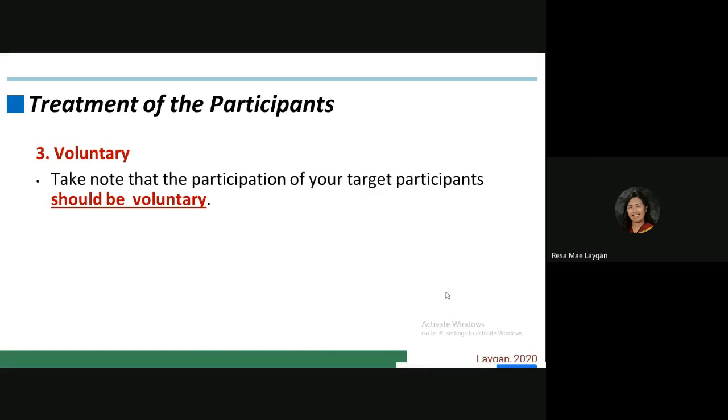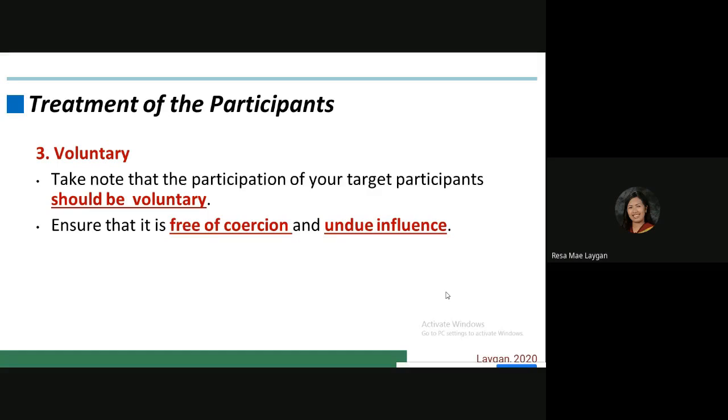It must be free from coercion, like you really must not force your participants, and undue influence, or you should not influence your participants. So for example, you know someone and you want them to be a participant in your study, you approach them, but they say they don't want to. Okay? So, what will you do? Don't ever scare the person you know.